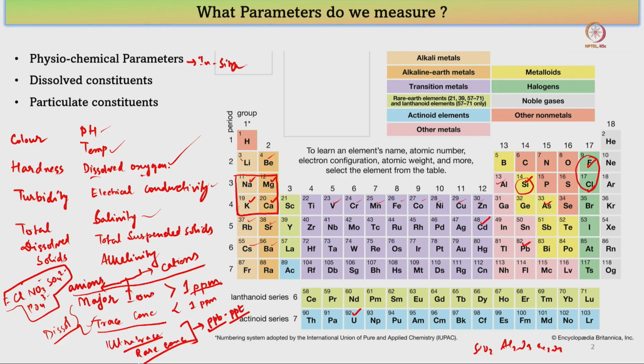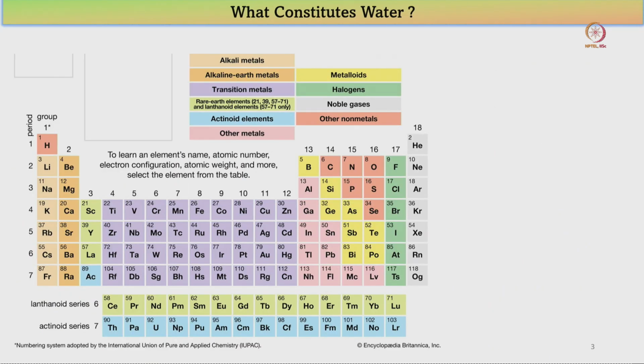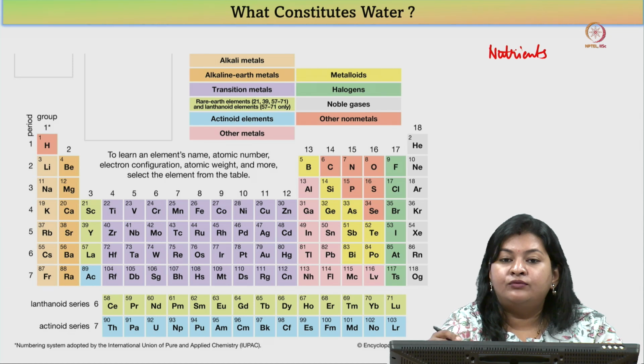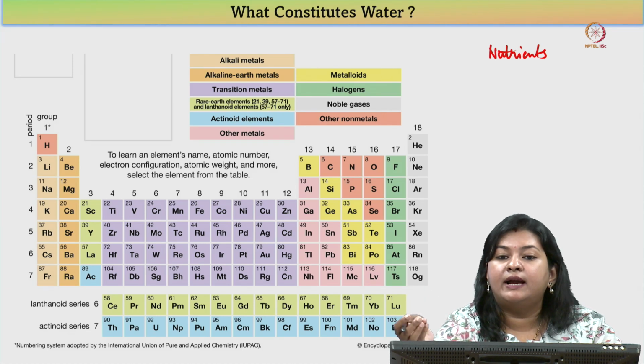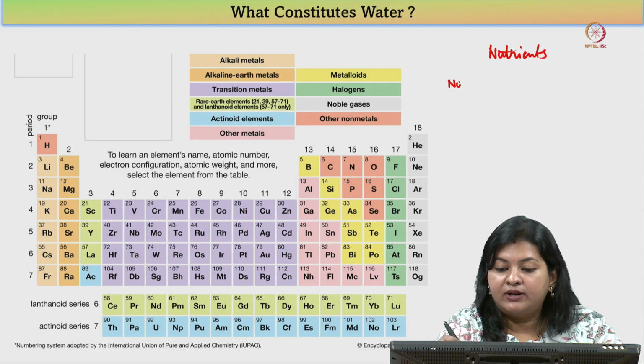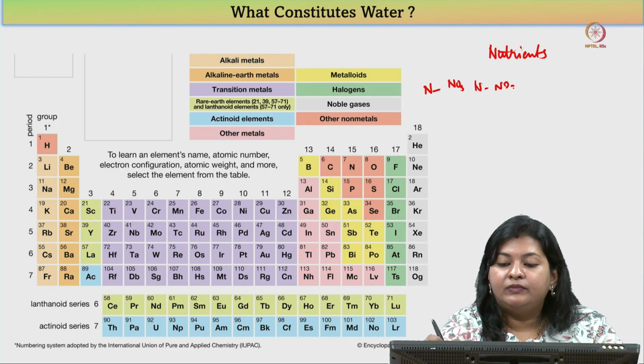Okay. Now, some of the measurements are also done in the form of nutrients. Okay. So, what are nutrients? Nutrients are food, like food for the aquatic plants, for the aquatic animals. So, they will be the nitrates, NO3. So, we are going to measure whatever N is there in NO3, whatever N is there as NO2, whatever N is there in ammonia, okay.